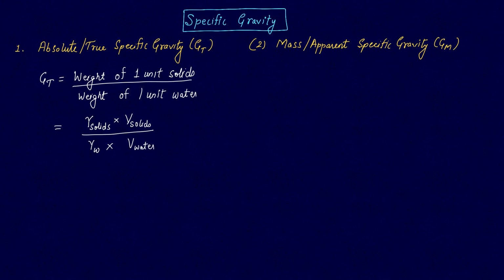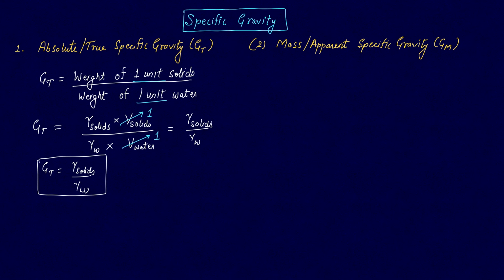Please note that we have considered the volume as 1 unit for both. So we can say it will be gamma of solids divided by gamma of water. So GT is the ratio of gamma of solids to gamma of water, and this is the formula for GT.